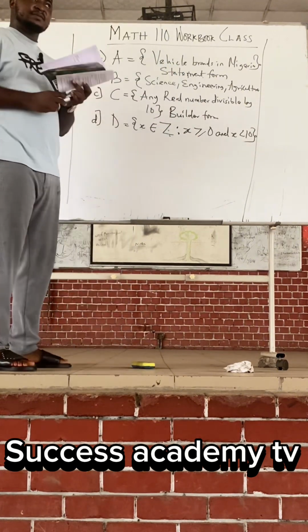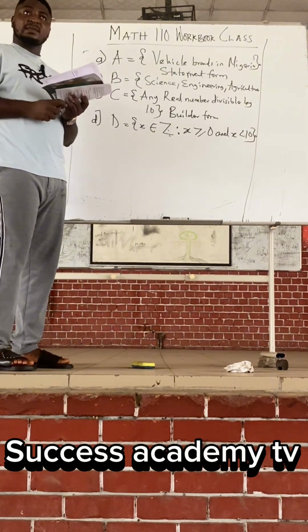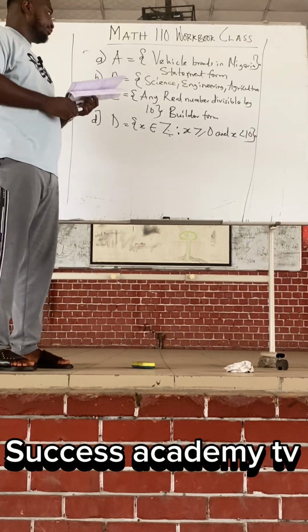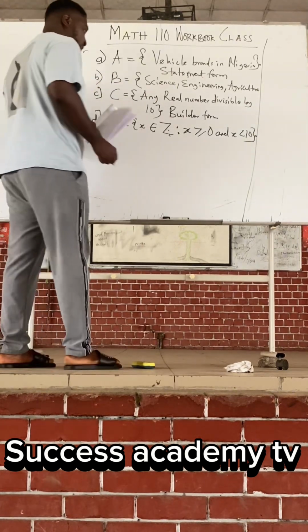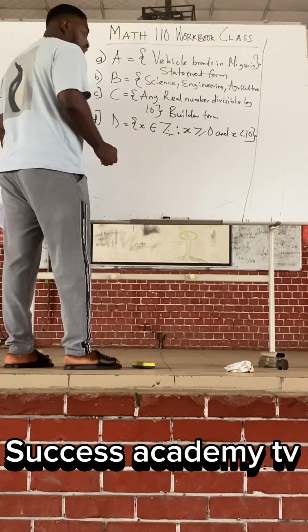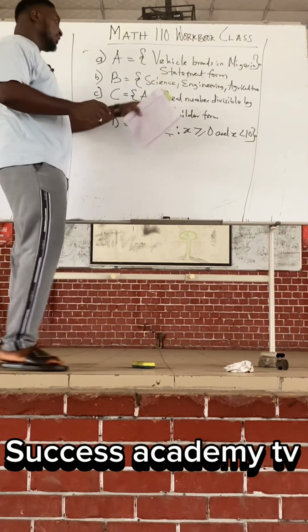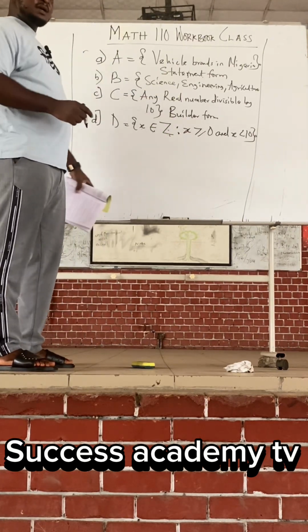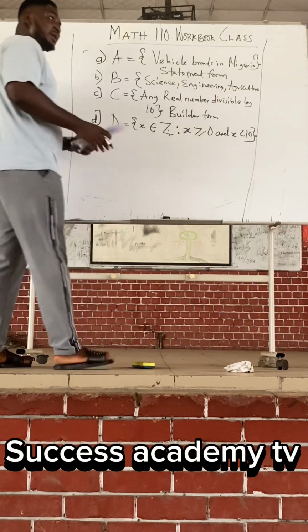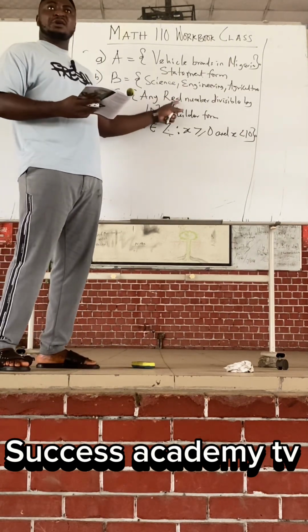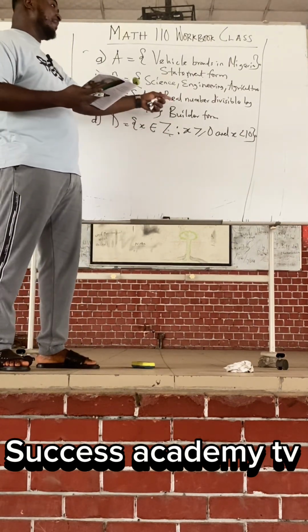Class, this is a builder form. Let us denote these two sets C and D, and build the members of these sets, because you could be asked to represent this set in roster form, which means you should list out the members.